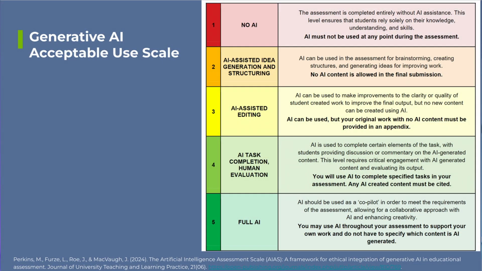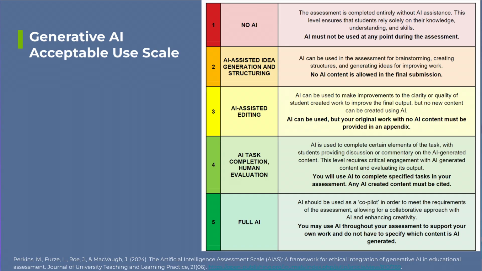The scale provides clear boundaries between each level, which are as follows. Prohibited: generative AI is not allowed in any form for completing this assignment or the tasks. Limited use: AI can be used for specific minor tasks like grammar checks, but not for content generation.